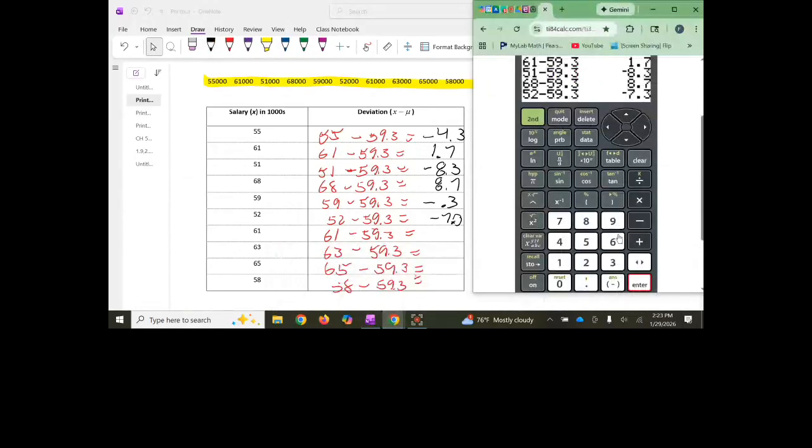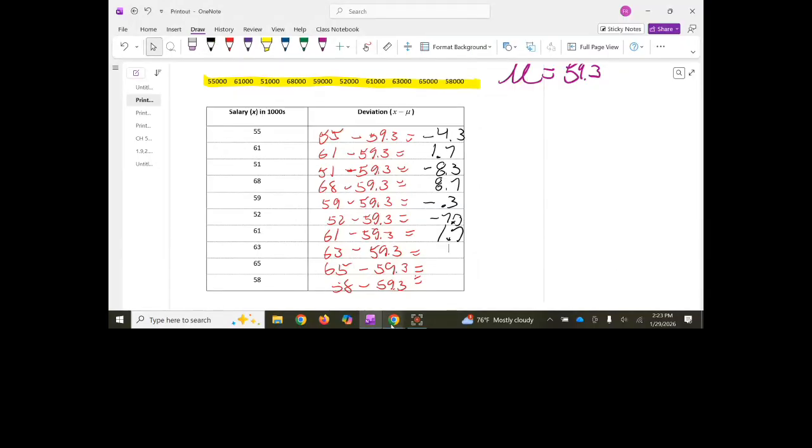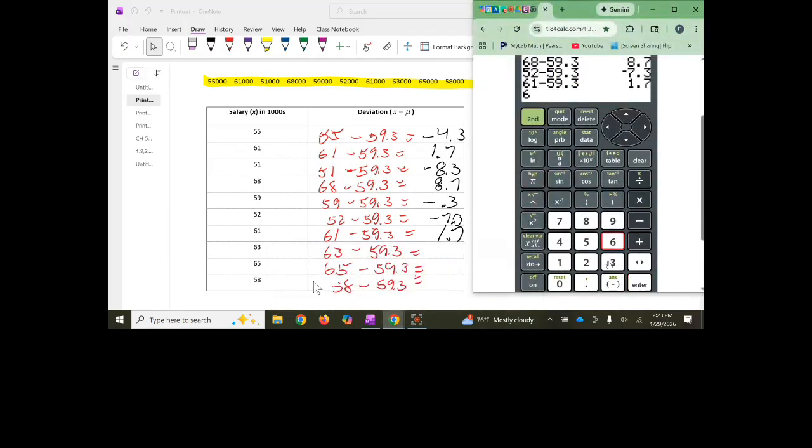All right, 61 minus 59.3, 1.7. 63 minus 59.3, 3.7.